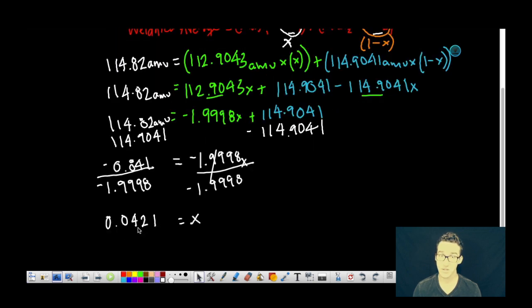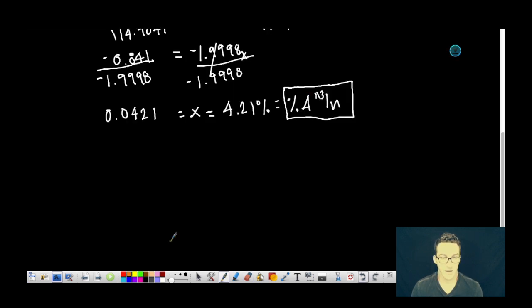So if we convert this decimal into a percentage, it is equal to 4.21%, just by moving your decimal 2 places to the right, which is our percent abundance of indium-113.